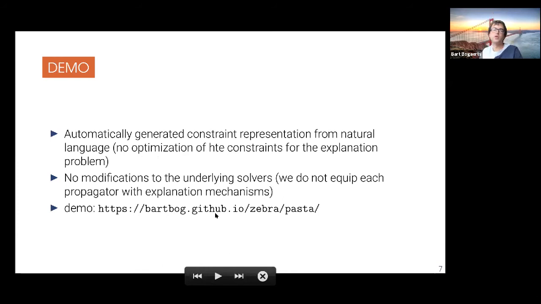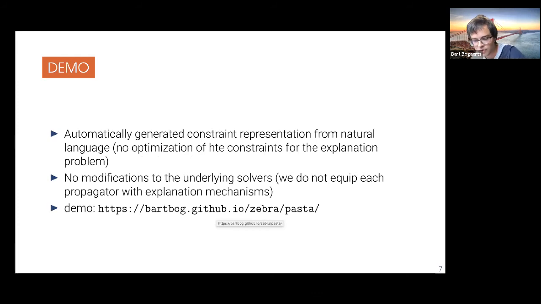And so what we did was we had already this automatic parsing of the typical clues that occur in such puzzles, and they give us a constraint representation. And important here in our work is that this constraint representation is actually not so good. If you look at it, you will probably easily see, oh, well, you could write this much better so that it has better propagation properties. But that's not our focus.